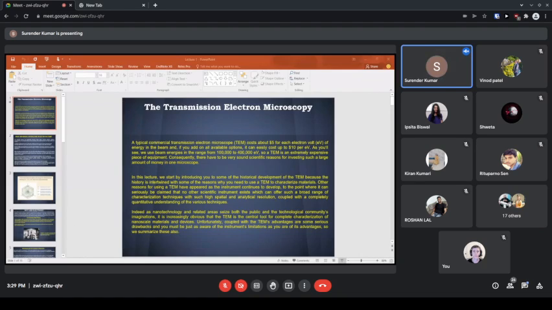So an integral part of any electron microscope is the viewing screen, which displays the electron intensity as light intensity.